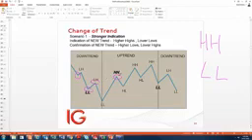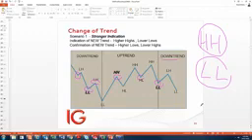So when a higher high is made, most probably it will be a change of trend to the upside. Same thing here, this one compared to this one is a lower low, and that is a sign that it is coming down. So a strong indication is basically looking for higher highs and lower lows.